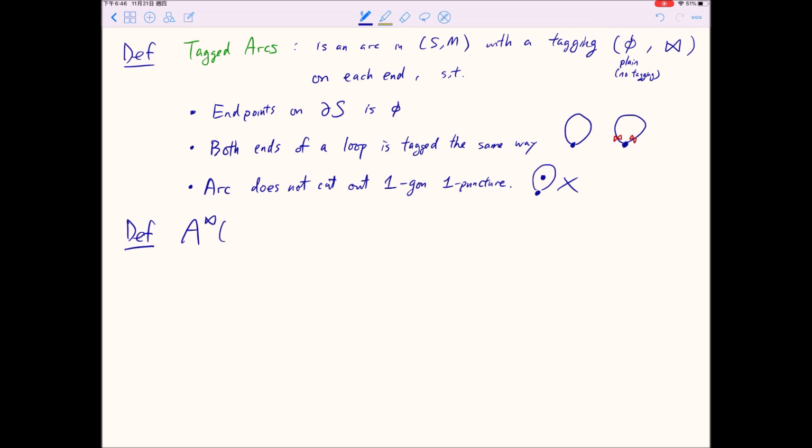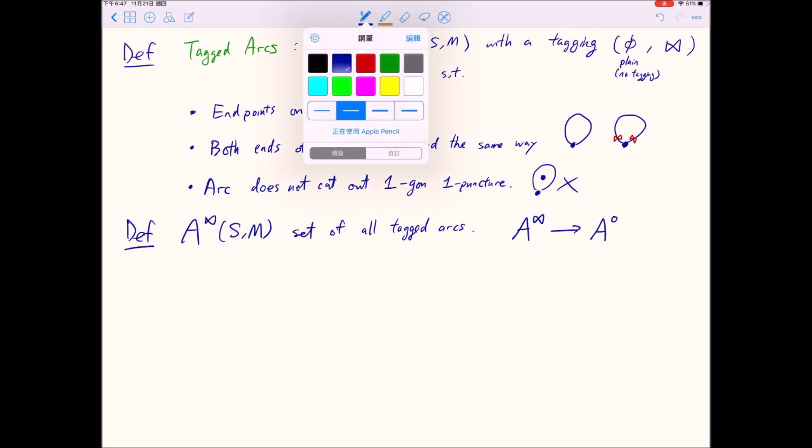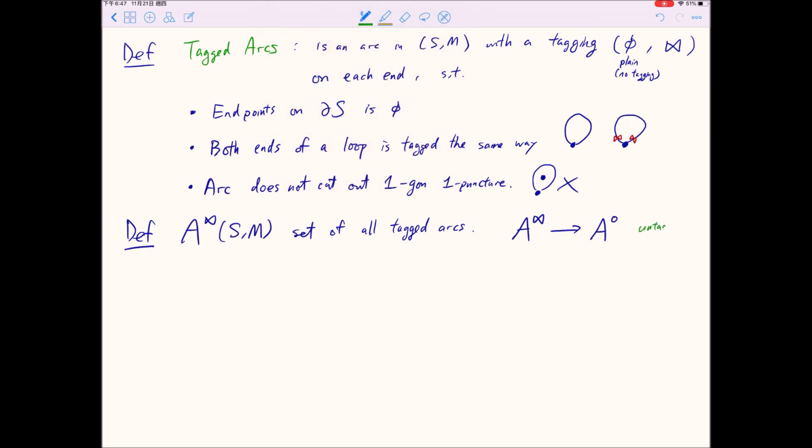Then we just extend our set and consider the set of all tagged arcs. So naturally, there is a map from the tagged version to the untagged version. You simply forget the tagging.